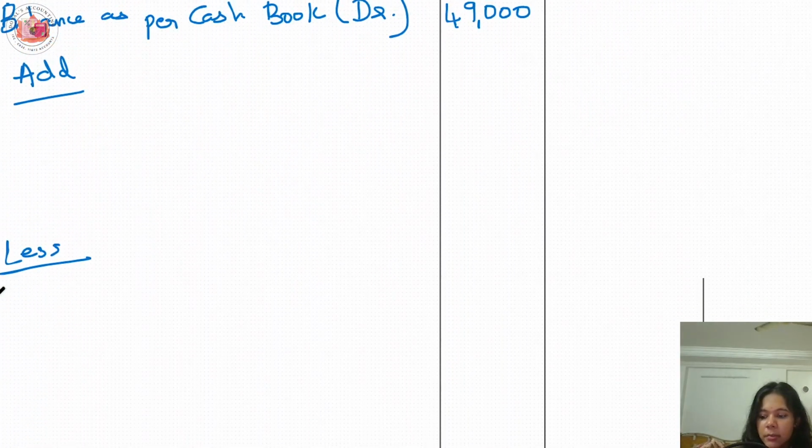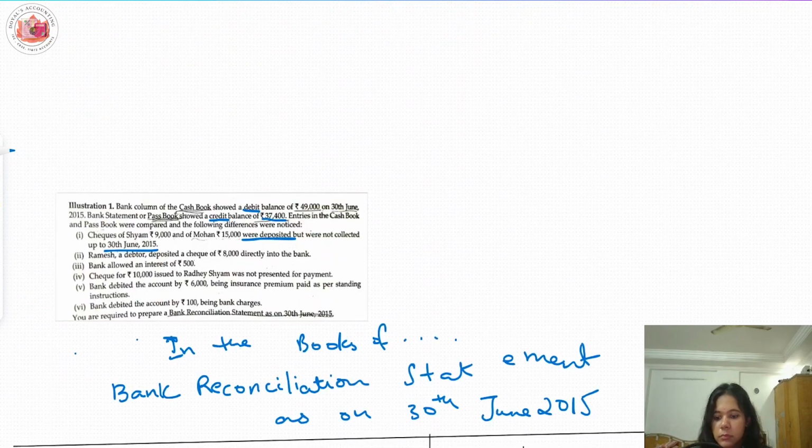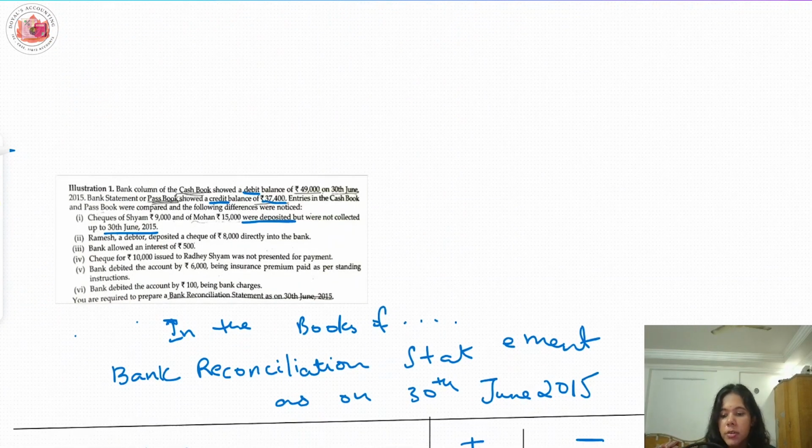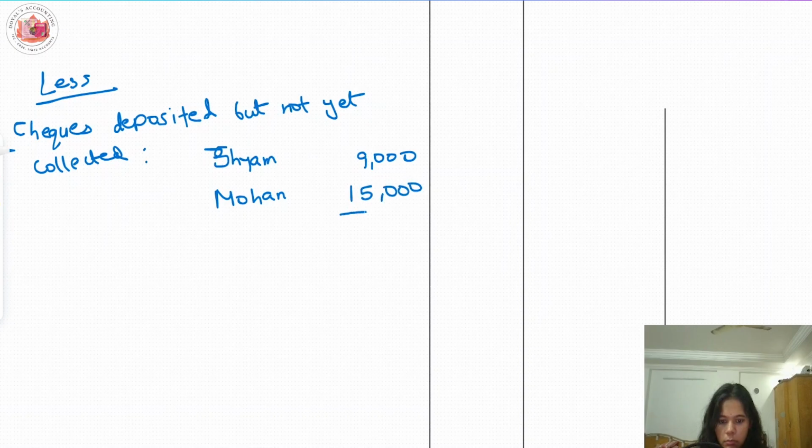In my less column, I will write checks deposited but not yet collected, Sham 9,000, Mohan 15,000. So in my less column, I will write 24,000.